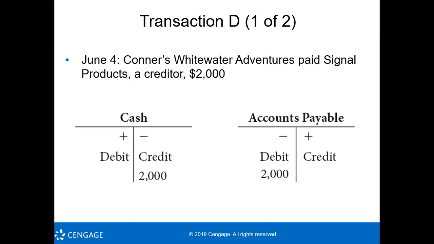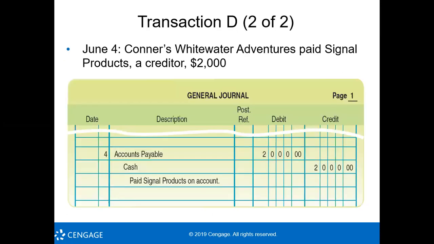So we're debiting accounts payable, crediting cash. This is what that journal entry would look like. Again, we would debit accounts payable, credit cash. If you think about it, we owed Signal Products $4,320, and now we just made this payment. So now we only owe them what? $2,320, right?